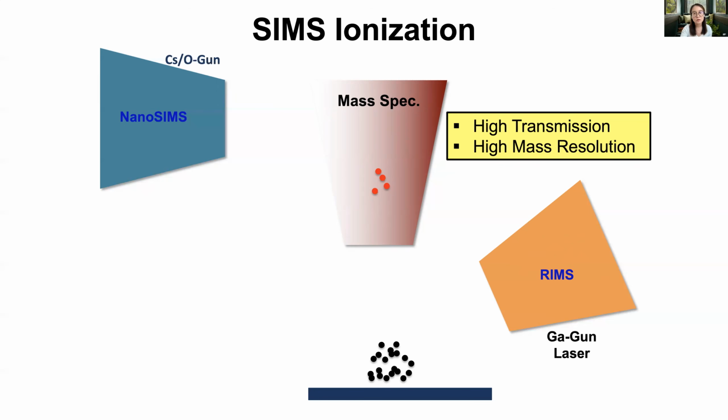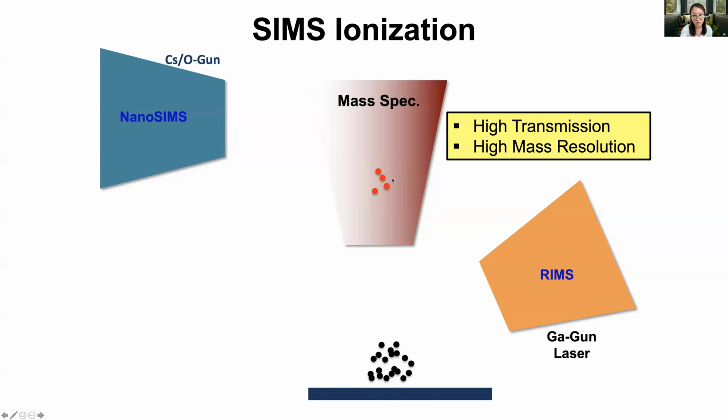As Anne has already mentioned, for SIMS instruments the secondary ions are only a very small fraction of the released material. So we really need to have a high transmission in the mass spectrometer to make sure that most of the secondary ions in this released material get detected at the end, so that we have enough counts to do isotope analysis.